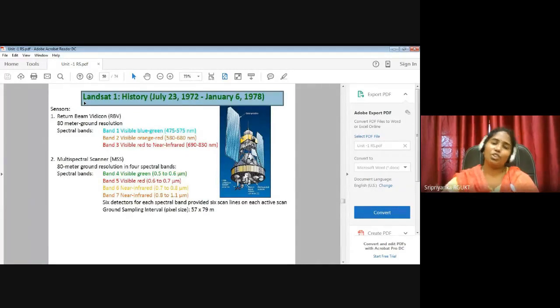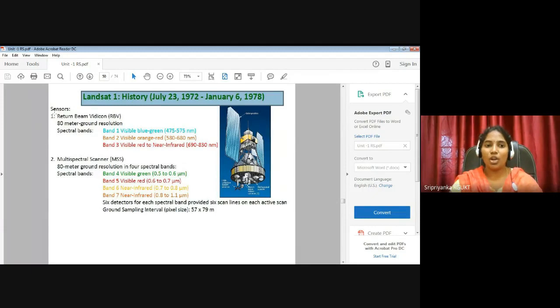But gradually, when satellites came into the picture, the technology used there was an optical sensor. Next to that sensor, what came was the scanner. So what is in that satellite are nothing but sensors and scanners. The Landsat has two kinds of sensors in it.